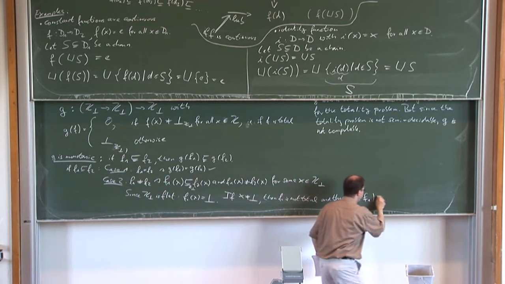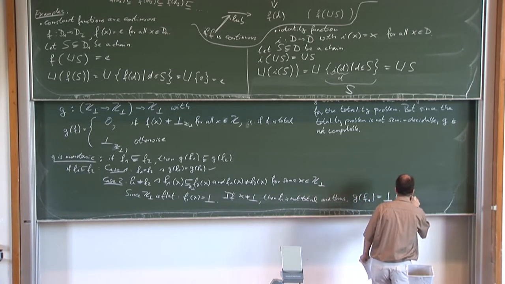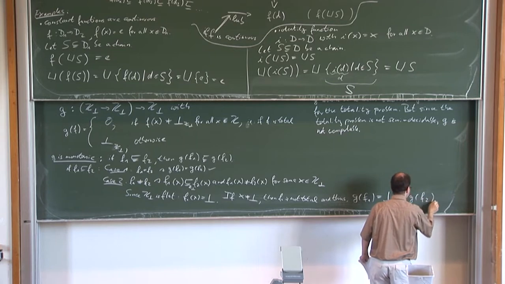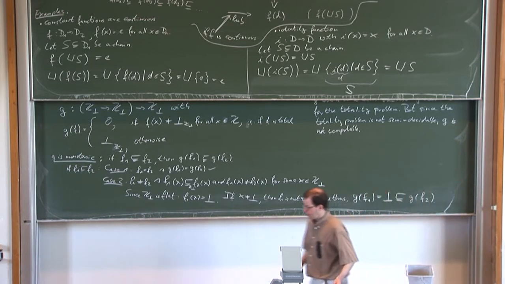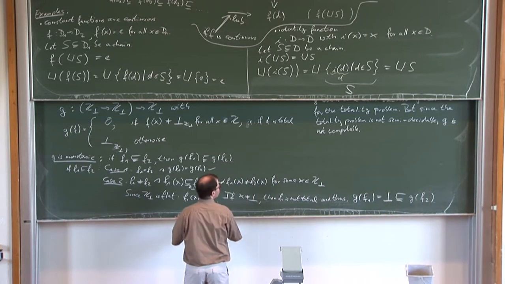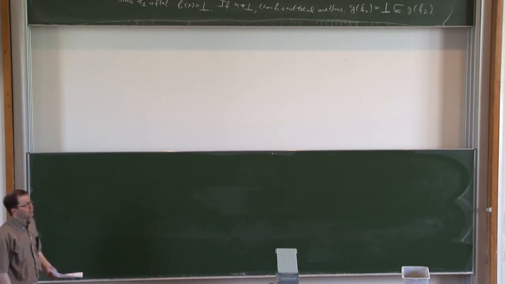So this will be bottom. And bottom is smaller, less defined or equal than anything. So it will also be less defined or equal than g of f2. And in the other case, okay, so if f1 and f2 differ on some x which is not bottom, then we are done.